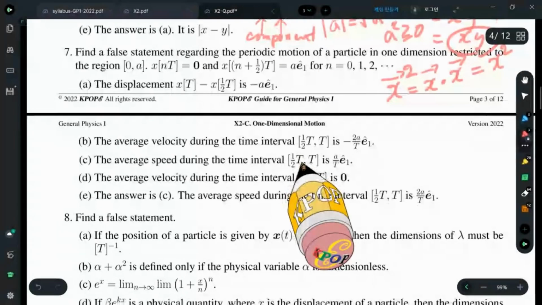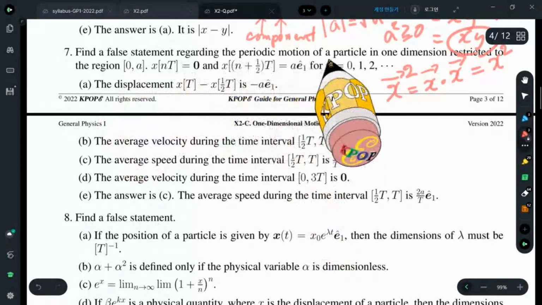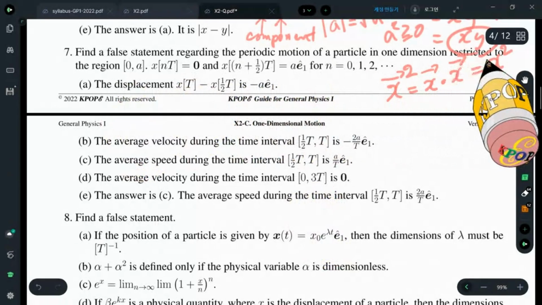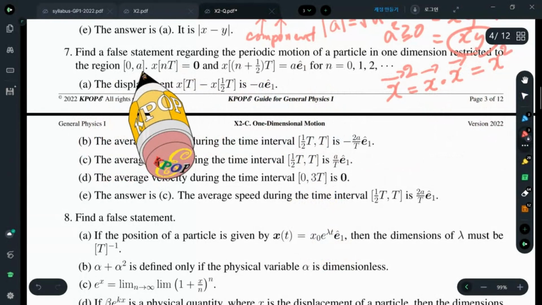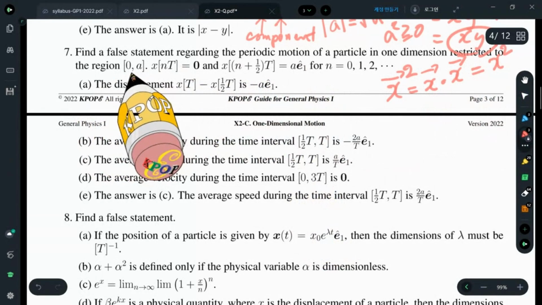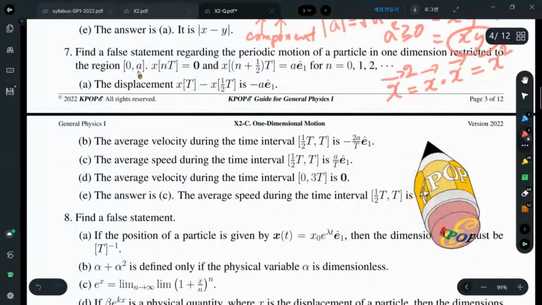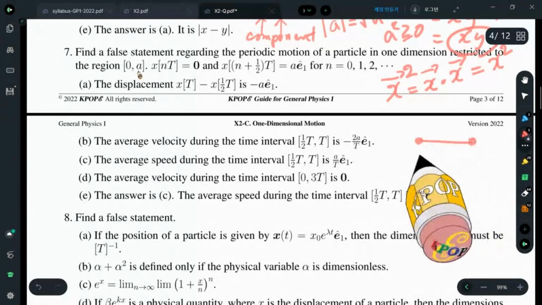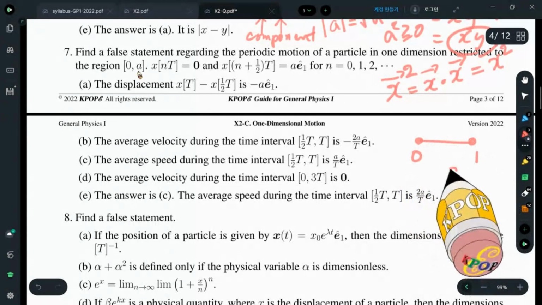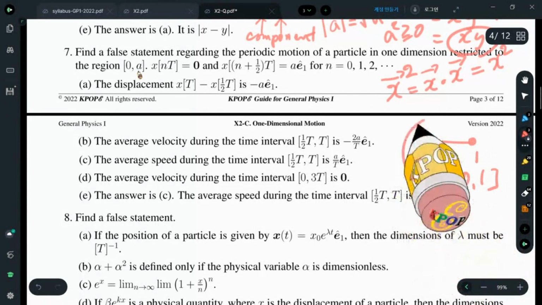Number 7. Find a false statement regarding the periodic motion of a particle in one dimension restricted to the region 0 to a. This is a closed interval. You learned in high school, right? Everybody knows, right?